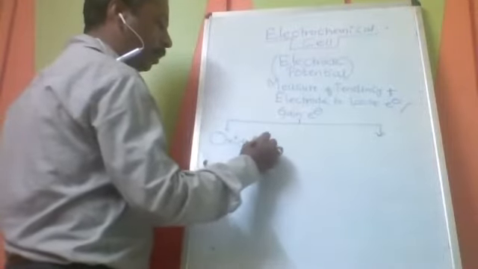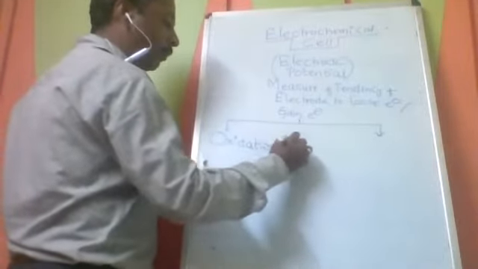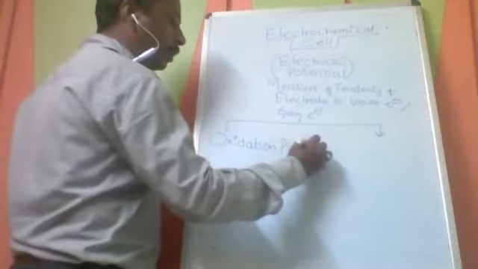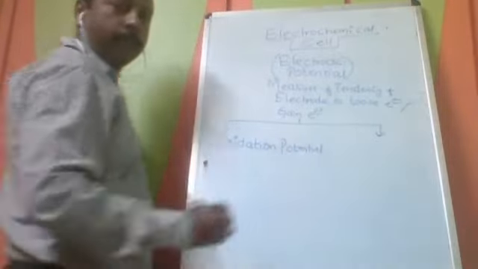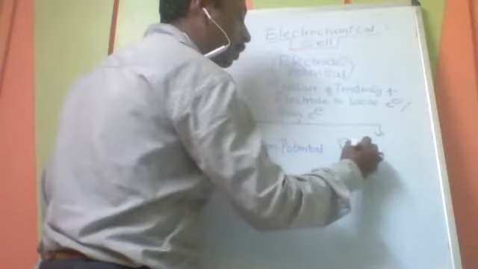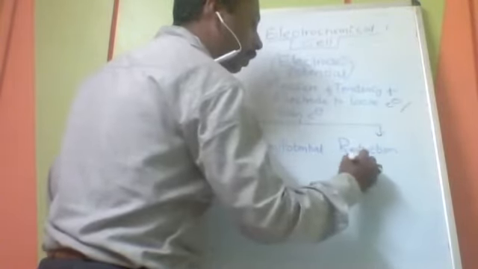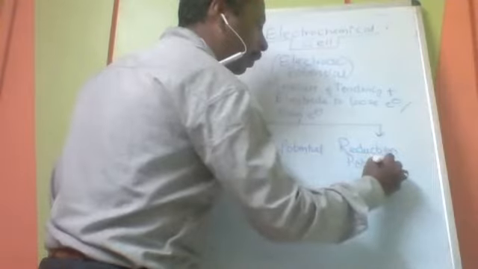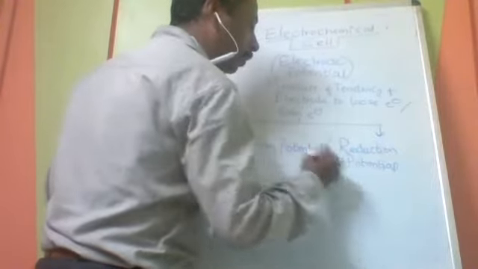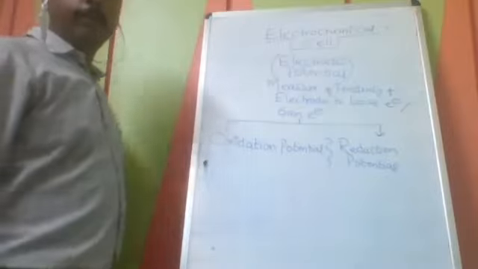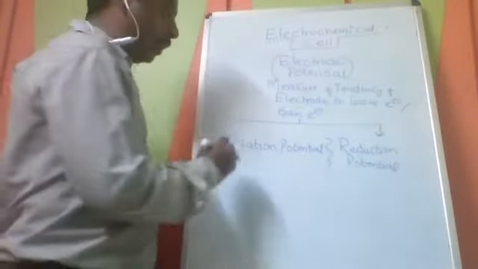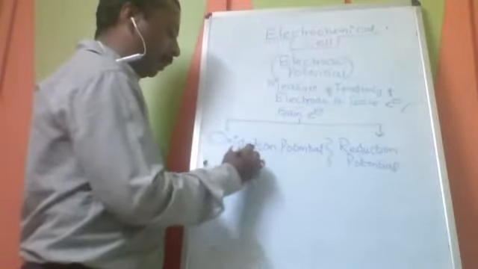That's why every metal will possess two types of potentials. One is called oxidation potential, and another is called reduction potential. It is denoted in different ways.